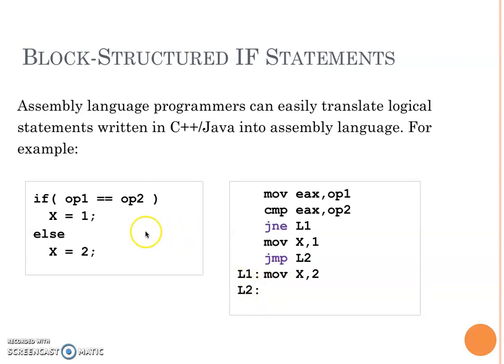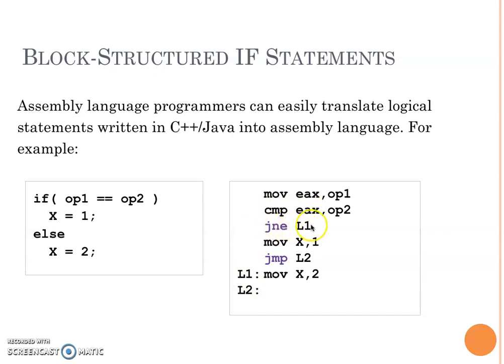So the if-else statement is very easy to use in a high-level language. If this is true, I do this. If that's true, I skip the else. But have you ever thought about why I can skip the else? Actually, each instruction tells you step by step, and in assembly language we see it very clearly. If the values are not the same, I jump to here.